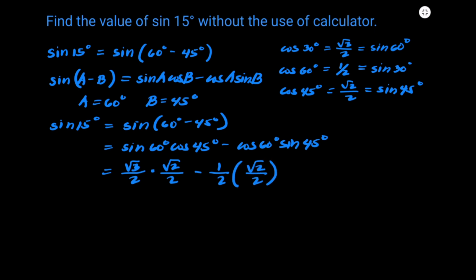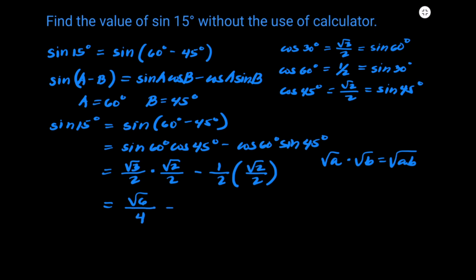Now, let us simplify. This is square root of 3 times square root of 2. Recall from algebra that if you have square root of A times square root of B, that is equal to square root of A times B. Okay? So, square root of 3 times square root of 2 is square root of 6 over 2 times 2, which is 4.